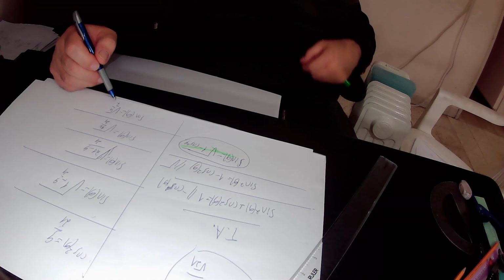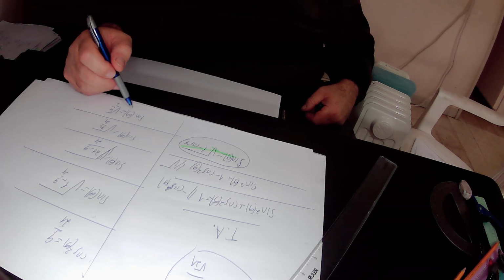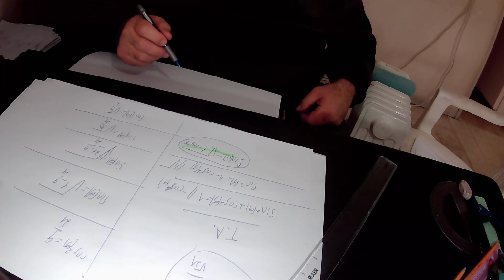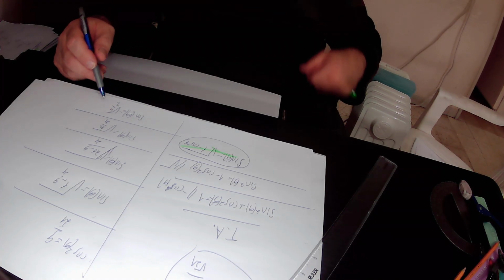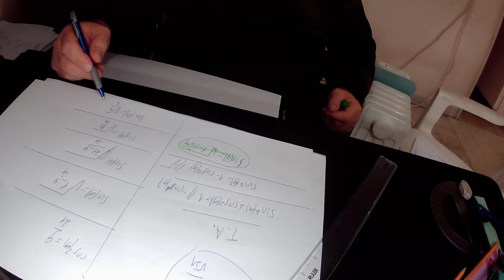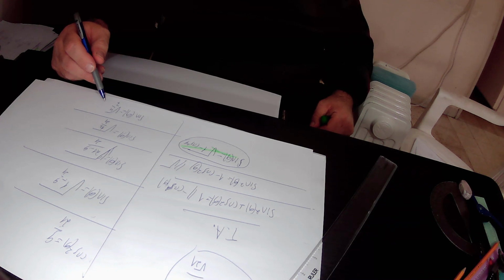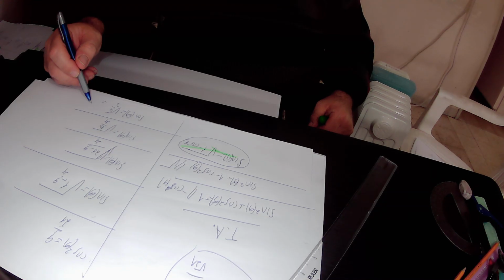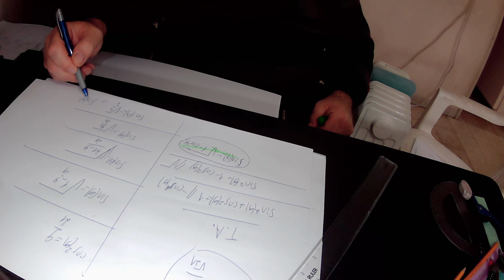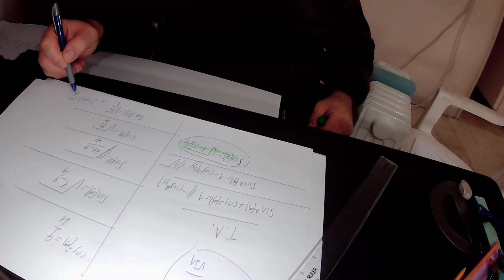So sine alpha equals the square root of 4 over 7. Here we take 4 out of the root, the square root of 4 is 2. So inside the root we are left only with 7. So sine alpha equals 2 over square root of 7.